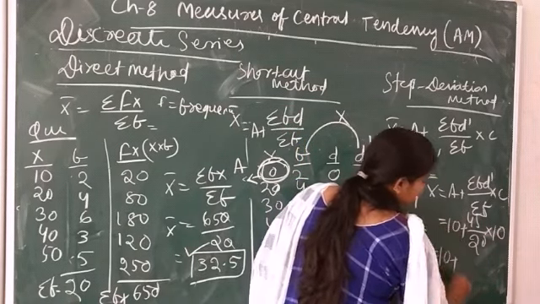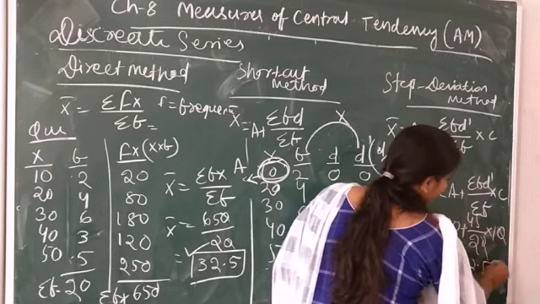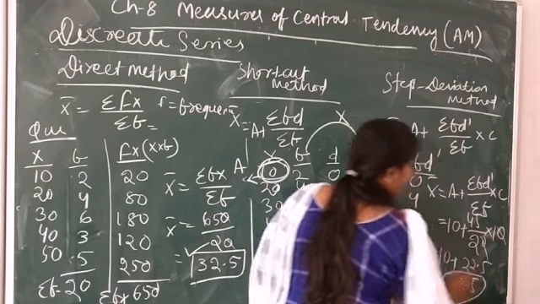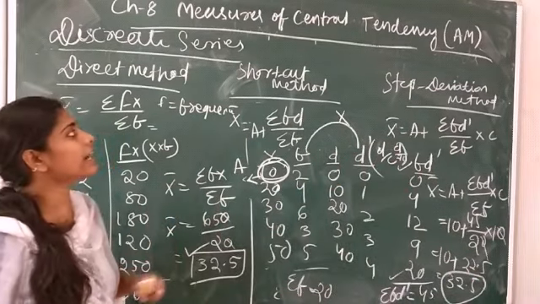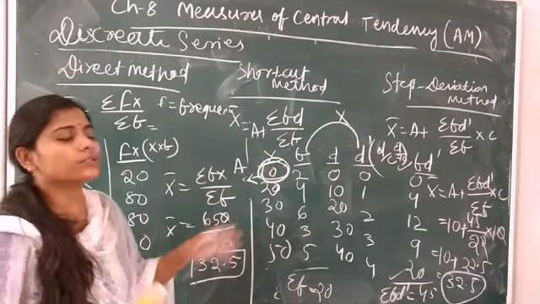Now we solve this. 10 plus 22.5 and the answer will be 32.5, the same as your direct method and shortcut method. So in all these methods the mean answer will be the same.